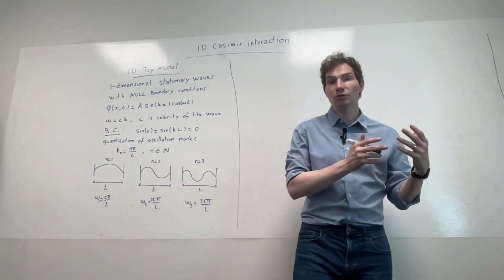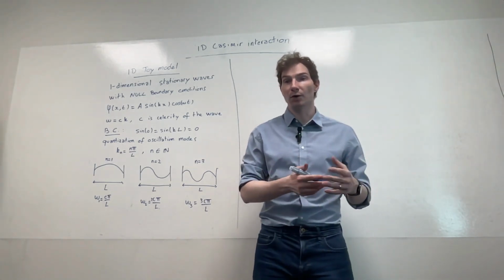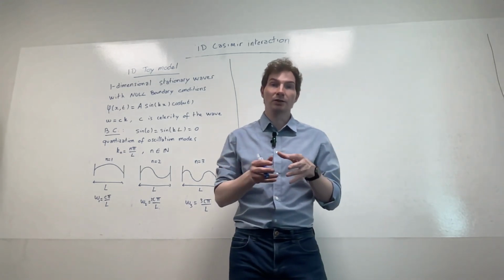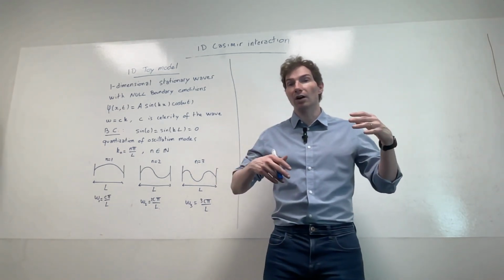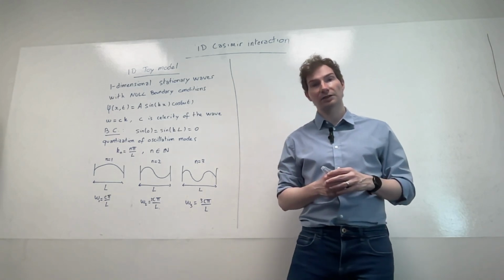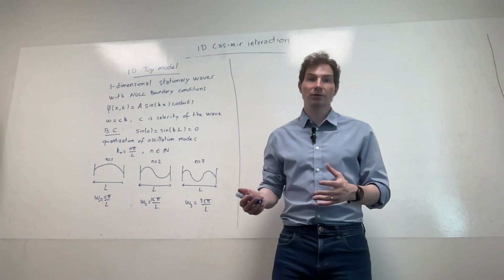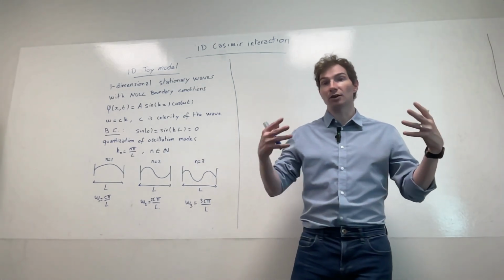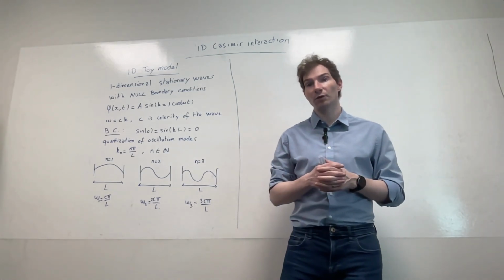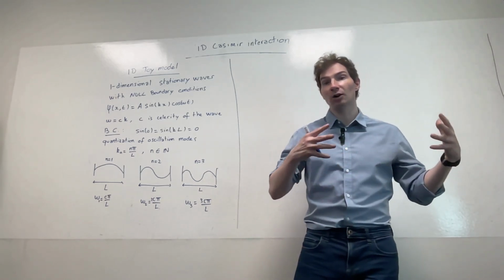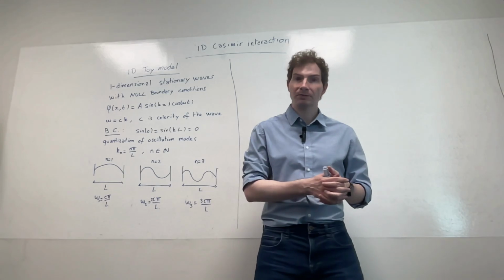This can occur through thermal motion of the medium you're looking at, in which case you're going to get a thermal Casimir effect. And it can also occur due to quantum fluctuations. And you can also have a combination of both. And that's kind of what most modern theories try to look at: how do we deal with both together.